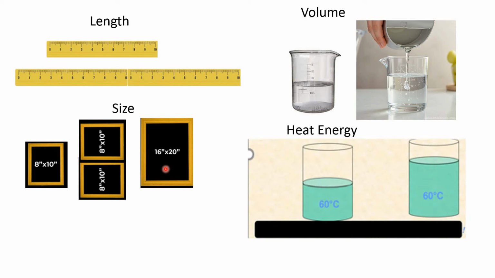Now heat energy. Let's take this beaker which contains one liquid at 60 degrees centigrade and the volume is 100 milliliter. And in an identical beaker, we have taken 200 milliliter of the same liquid and the temperature is the same, 60 degrees centigrade.